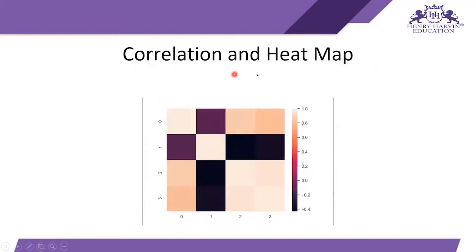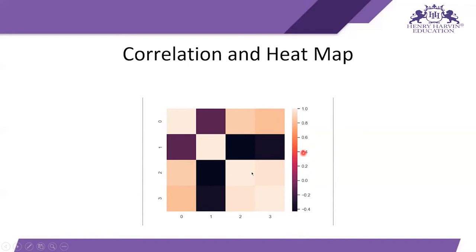Next comes the correlation heat map. When we have to see the correlation between two data points, we make a correlation map. When the correlation is high, this color is shown, and when the correlation is low, then this black color is shown.